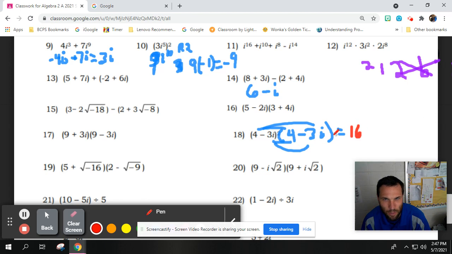And then minus 12i is negative 24i. And then negative 3i times negative 3i is positive 9i squared, but that i squared turns into negative 1, so it's minus 9. So this would be 16 minus 9 is 7 minus 24i.